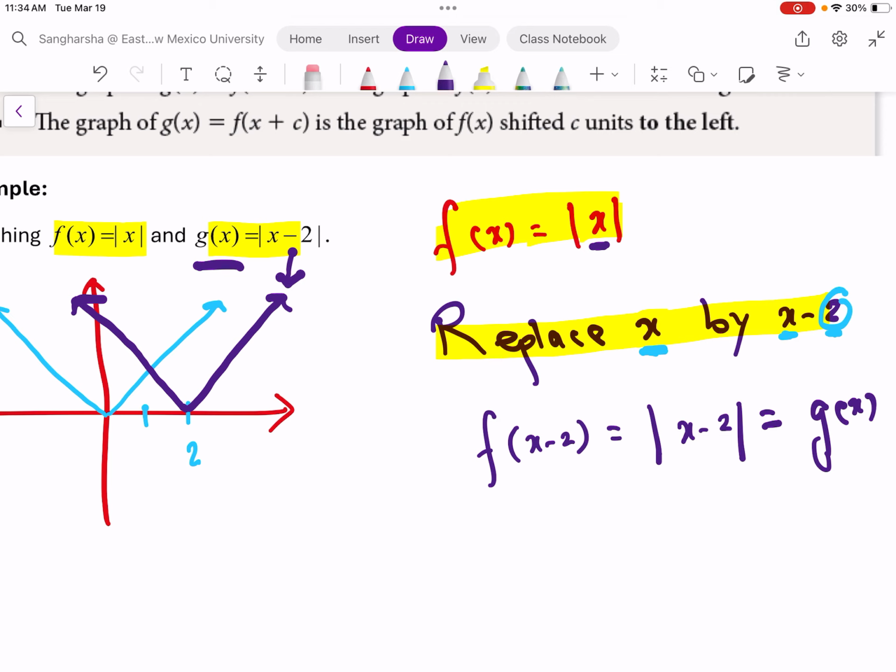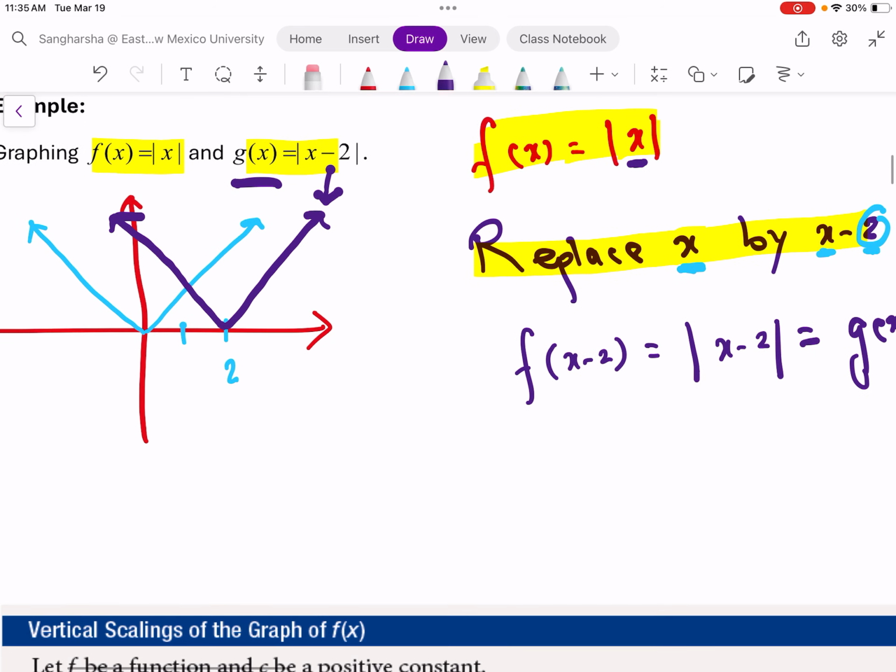So whenever we replace x of a basic function by x minus 2, then the graph is shifted horizontally right by 2 units. If you replace by x minus 10, then the graph is shifted horizontally right by how many units? By 10 units. Okay.